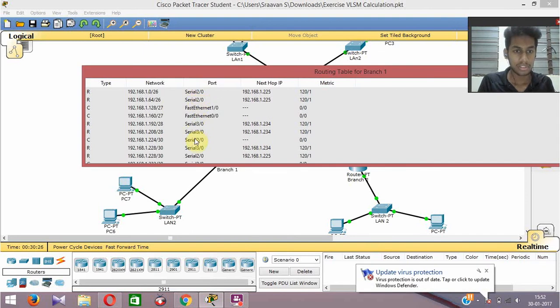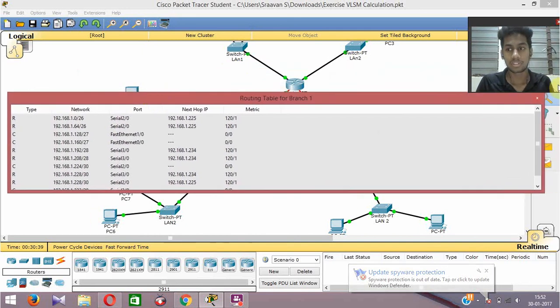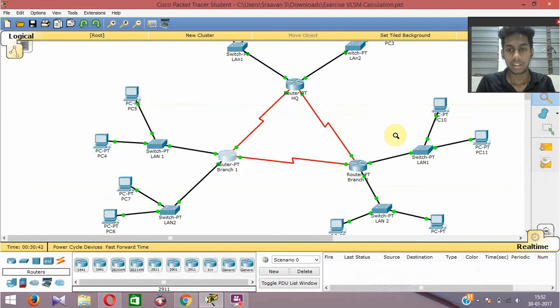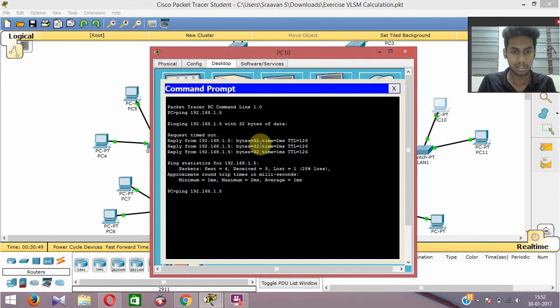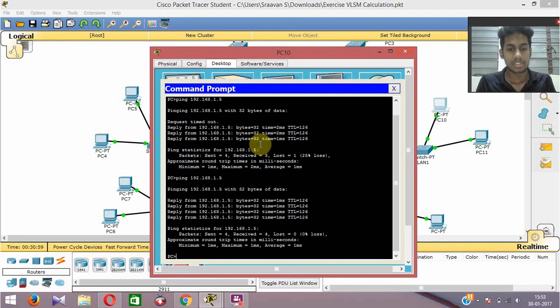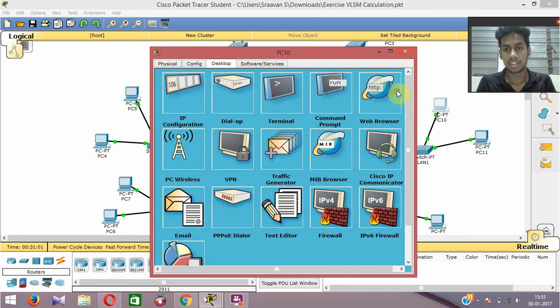Serial 2, serial 2, serial 3, all these are the routing connections to each of the routers, which are not specifically for this router, but it knows what LAN is present at which router. So this is done, and now we can try pinging from one router to another. Let's ping 192.168.1.5, which is present in the headquarters LAN 1 location. It seems it's pinging perfectly.